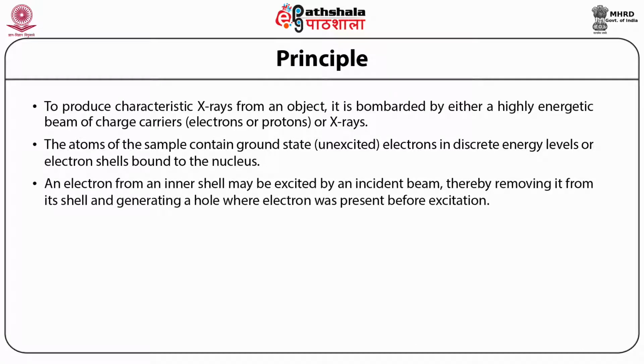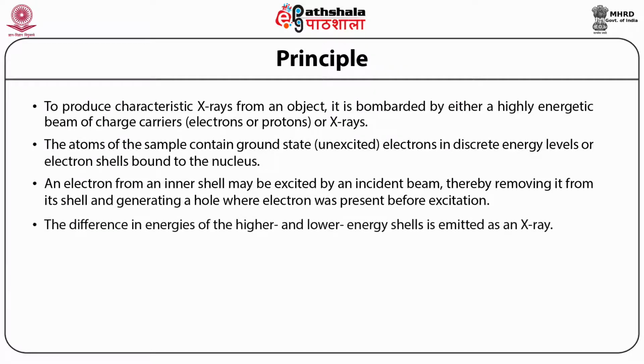An electron from an inner shell may be excited by an incident beam, thereby removing it from its shell and generating a hole where the electron was present before excitation. This hole can be occupied by an electron of a higher energy shell.